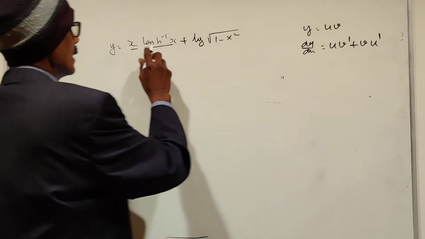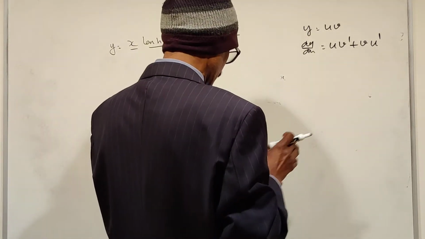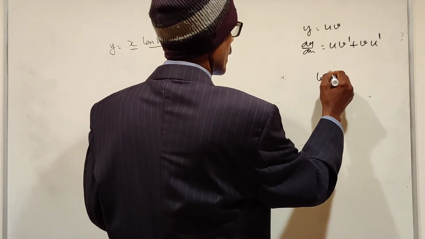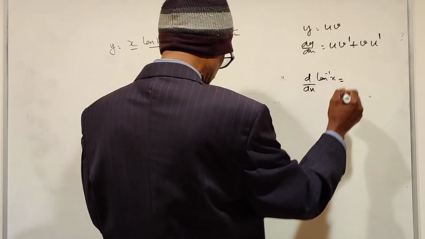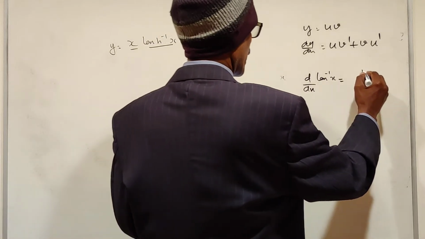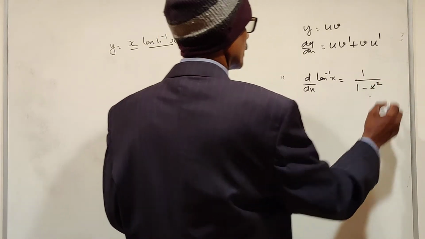What is the derivative of tan h inverse x? d by dx of tan h inverse x is 1 by 1 minus x square.